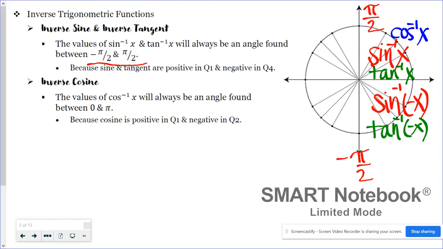For inverse cosine of negative 1/2, I got a measure of 120 degrees, which is in quadrant 2. So if you calculate the inverse cosine of a negative number, you're going to get an angle in quadrant 2.